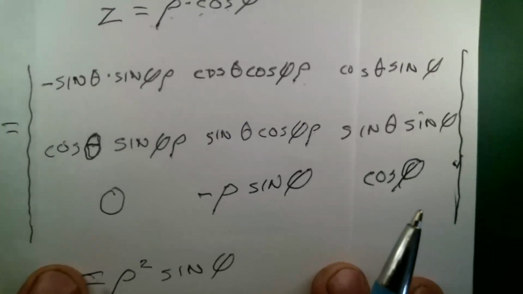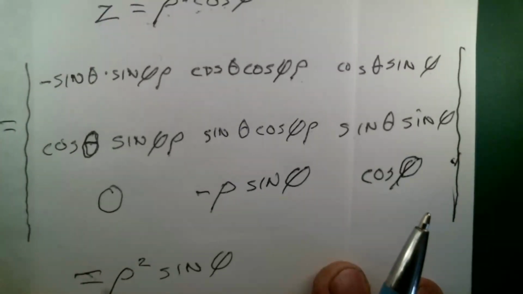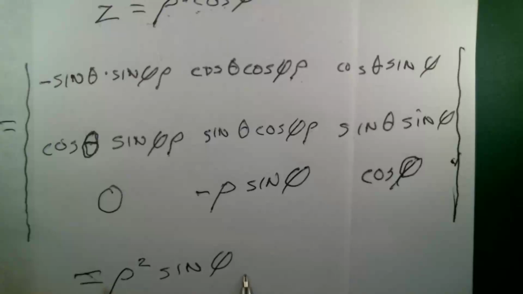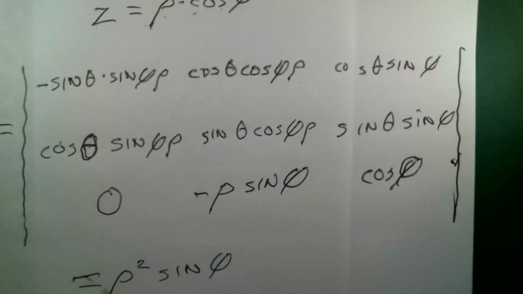It's a big 3x3 determinant, and I'm claiming it just reduces to that. I'll leave you to that. It's a good challenge, and it's fun algebra actually. Okay, so that's the last we're going to say about that until we see it again in section 17.5, talking about change of coordinates.